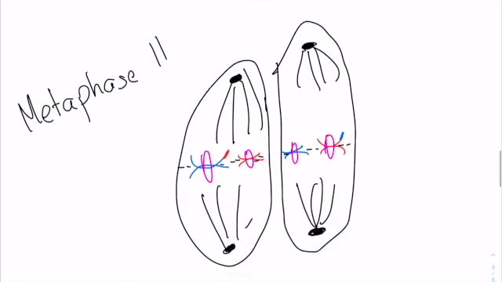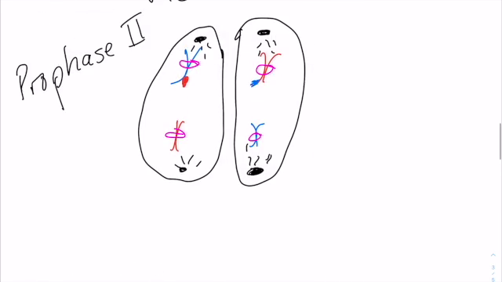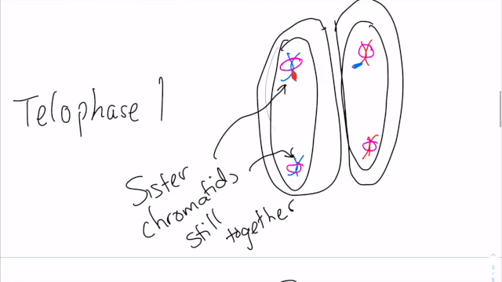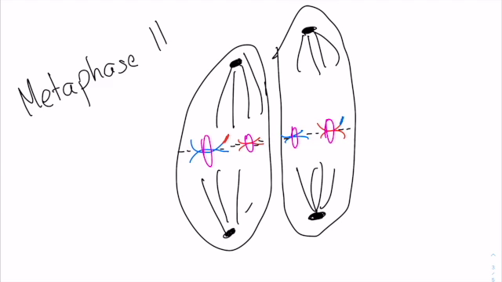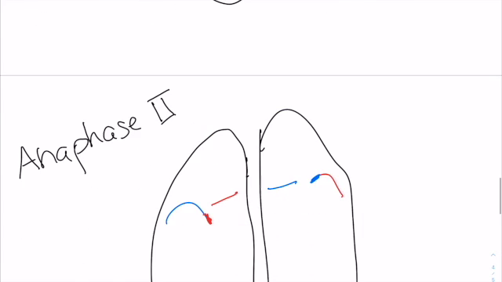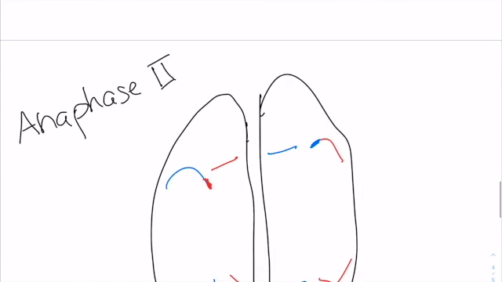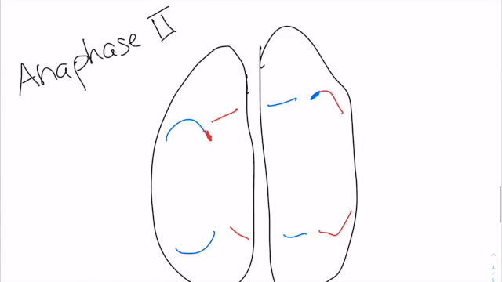In metaphase 2, not much really happens. They just lose this nucleus, as you can see. Metaphase 2 is the second phase of meiosis 2. During this phase, the sister chromatids are maximally condensed and aligned at the equator of the cell, as you can see here. Now, in anaphase 2, the sister chromatids separate and are pulled towards opposite poles of the cell.